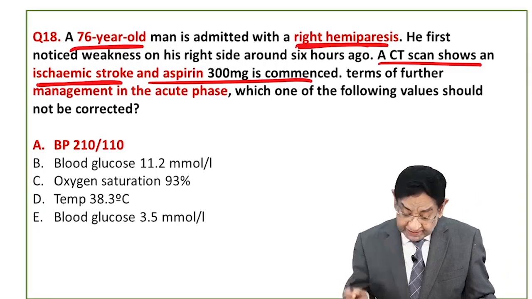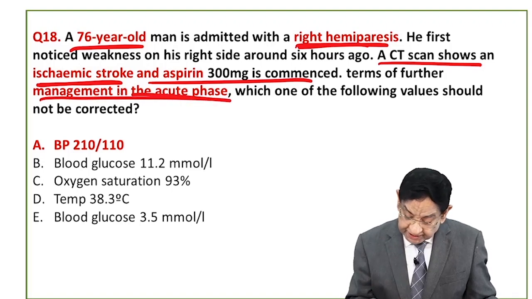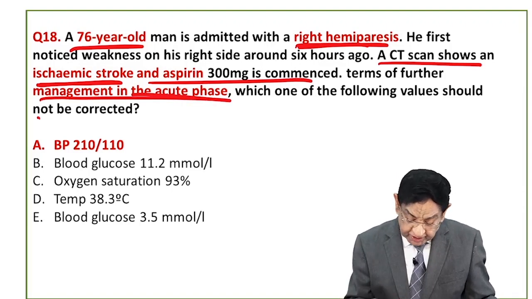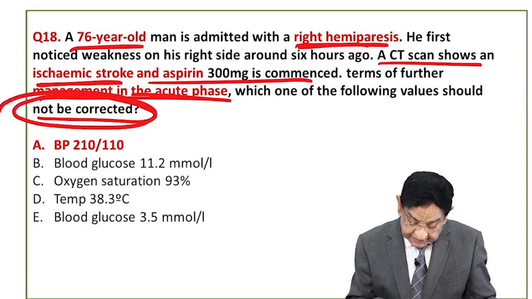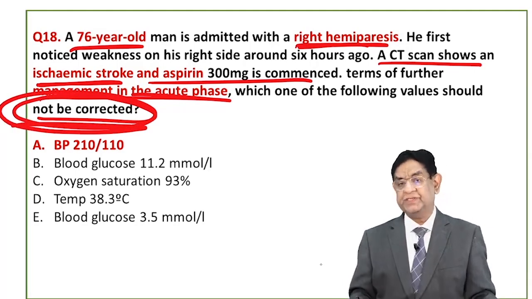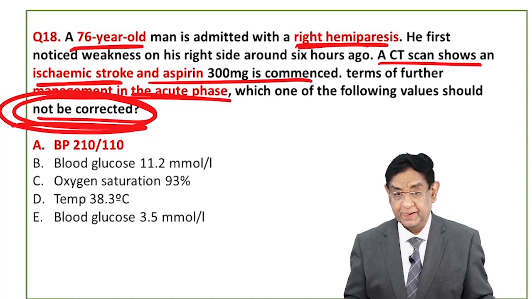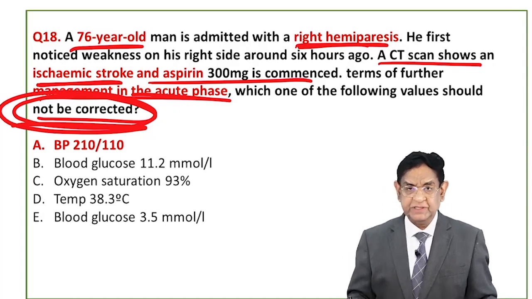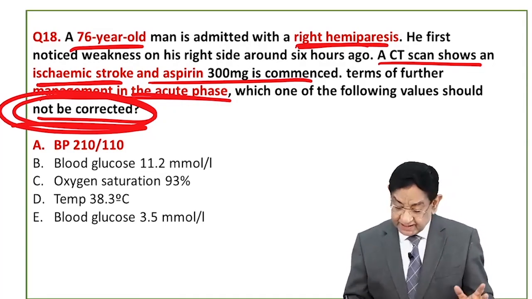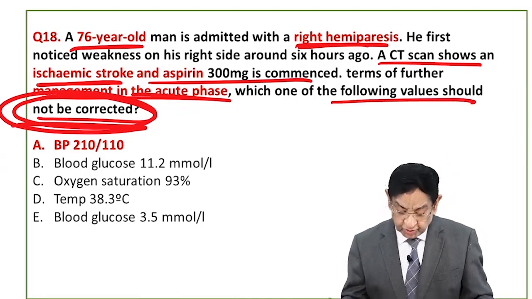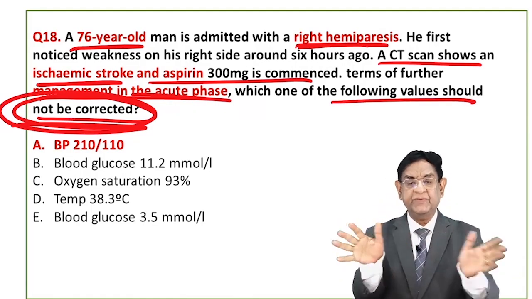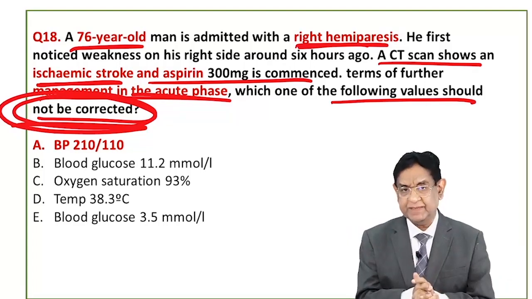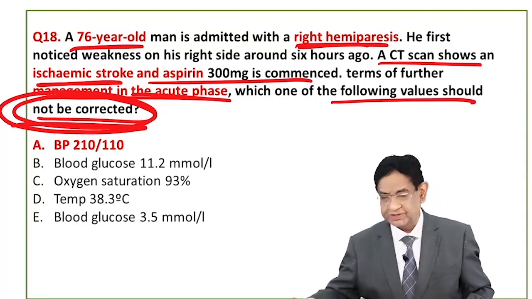Now, what he says: in the management of the acute phase, which will not be corrected? I hope you have read this question very carefully. If not, I still give you 30 seconds. What he says, which of the following would you not like to intervene in? I give you some time to answer quickly.